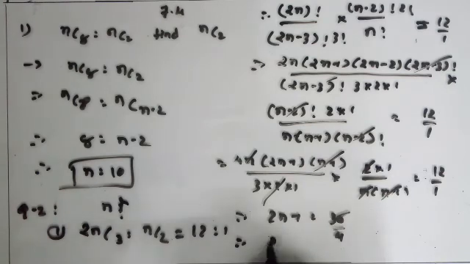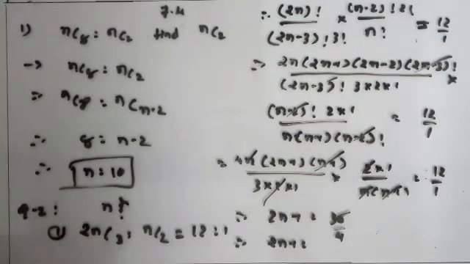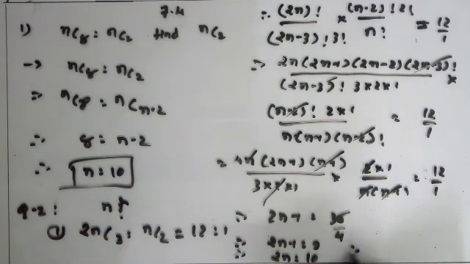Therefore 2n minus 1 is equal to 36 upon 4, so equal to 9. Therefore 1 takes this side, so 2n becomes 10. Therefore n is equal to 5.